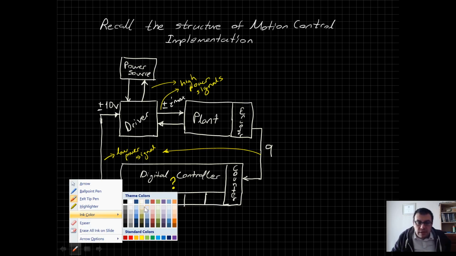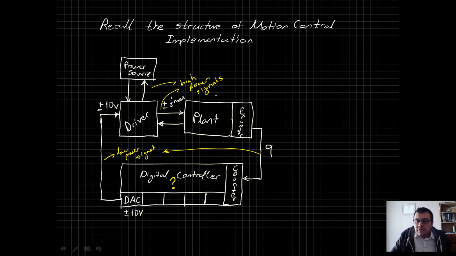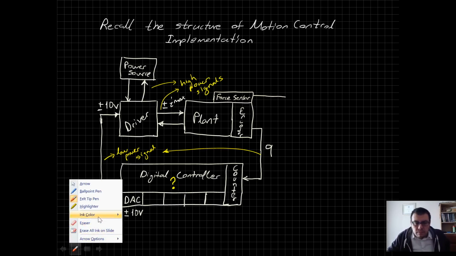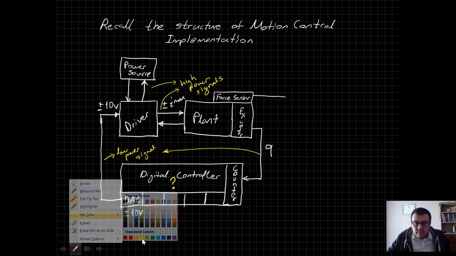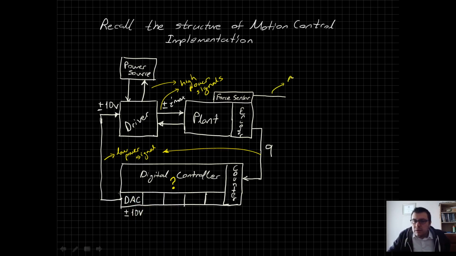For example, if your system contains a force sensor somewhere here, let's put it there, and let's suppose that your force sensor gives some analog data.